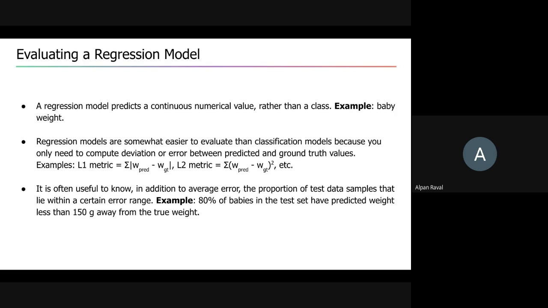For this reason, regression models are somewhat easier to evaluate than classification models, and you only need to compute the error between the predicted value and the ground truth value. In fact, we've seen this confusion about what metrics to apply for regression models, even among some of our funders, as Aditya can attest.